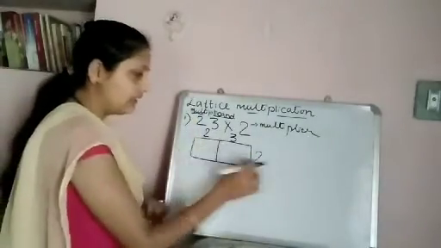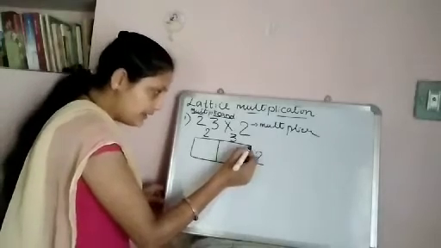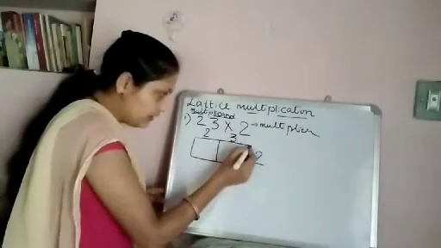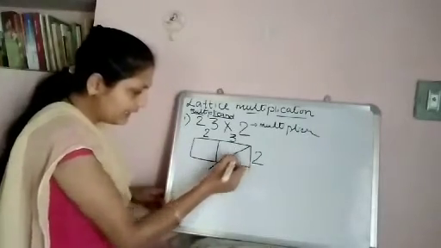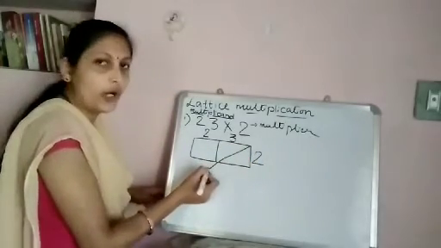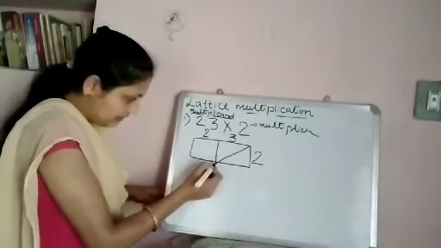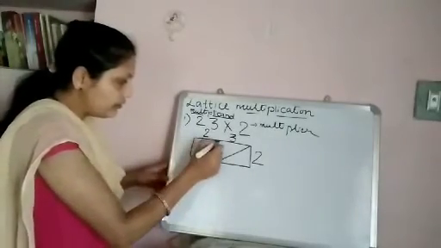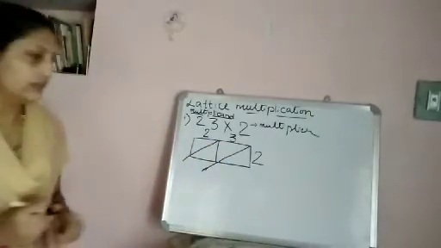Like this, here 23 and here 2. Now in each box a diagonal will be drawn like this. This corner and this corner will be joined. Here also this corner and this corner will be joined like this.